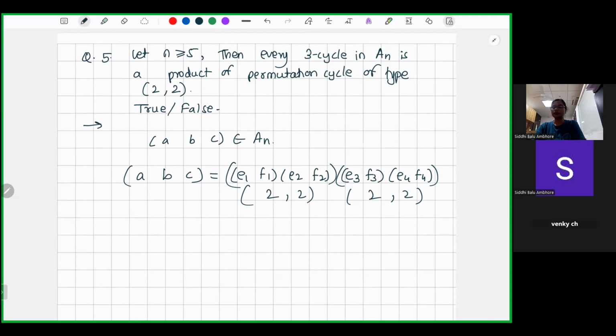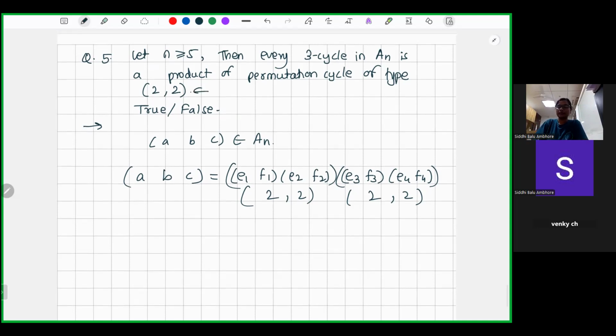So both these elements have +1 sign, and the product of such +1 type cycles will again be an element of sign +1.